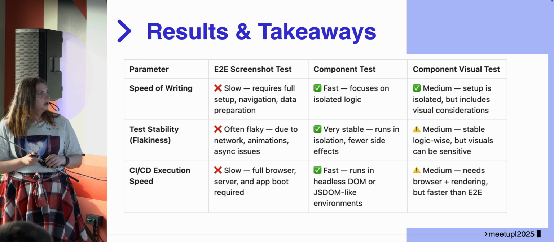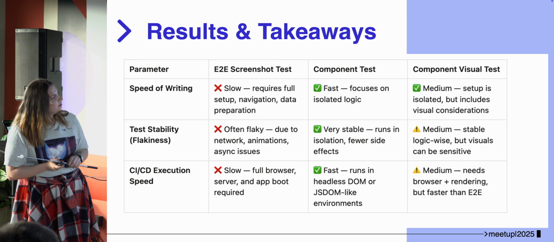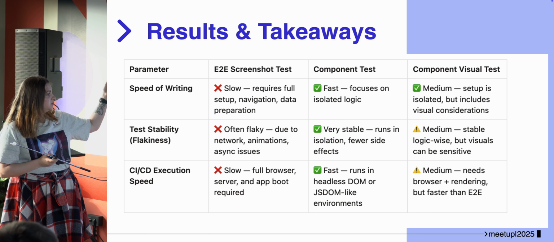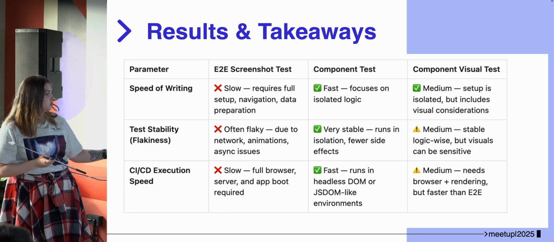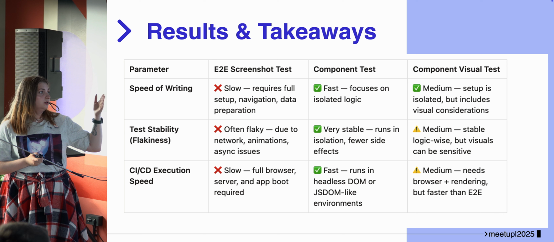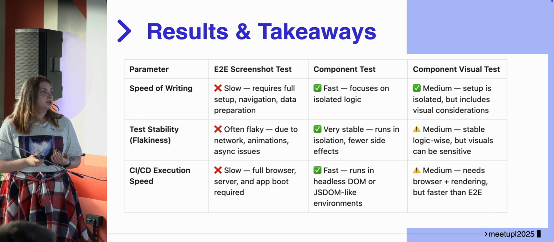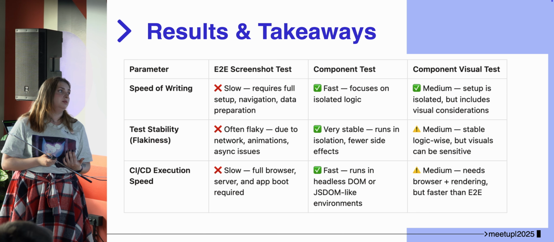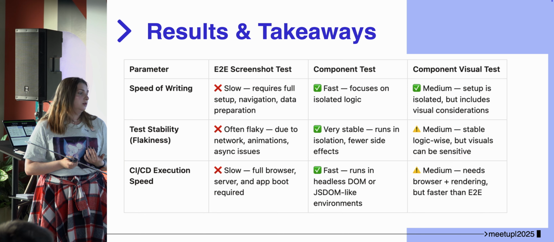And I prepared a comparison table. I chose the parameters speed of writing, test stability, and CI/CD execution speed. For me, E2E tests, of course, are good, but I catch a lot of problems with them. And for me, screenshot tests are so slow.